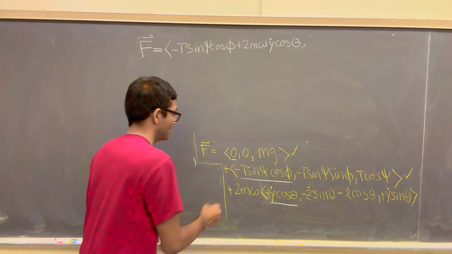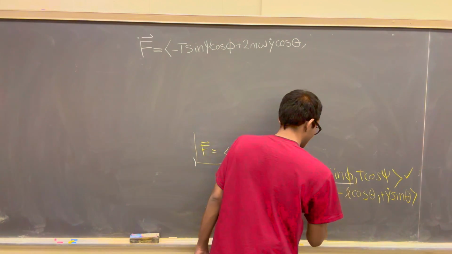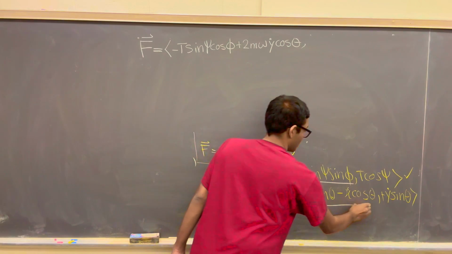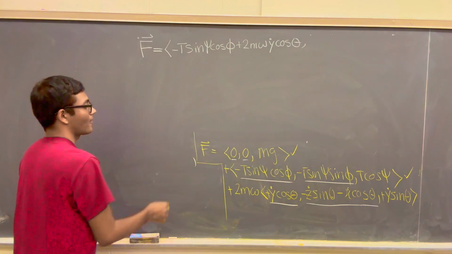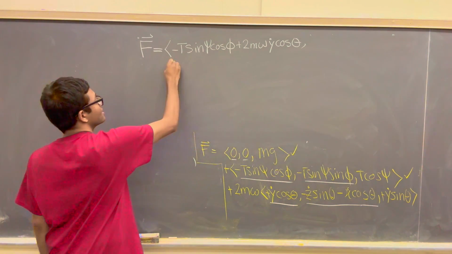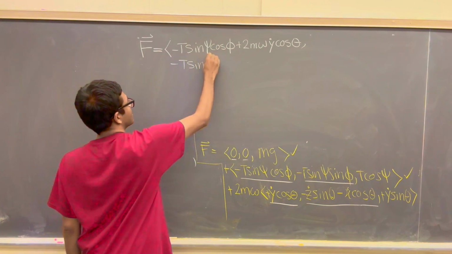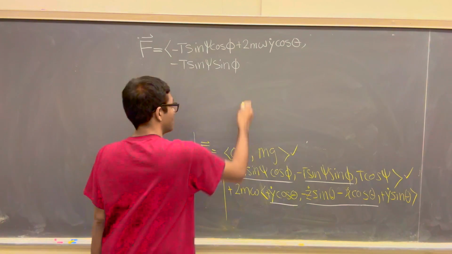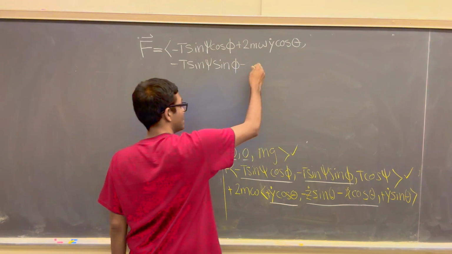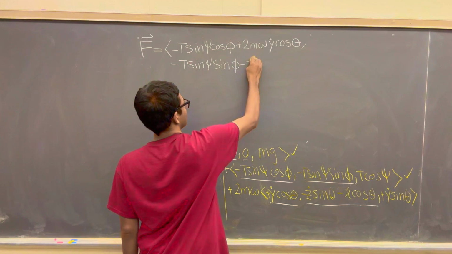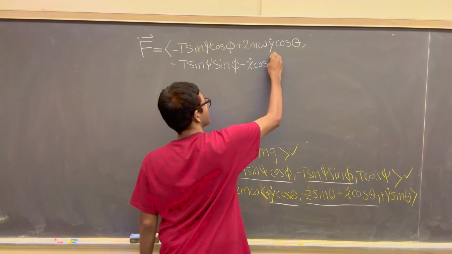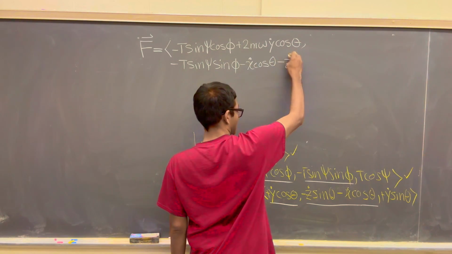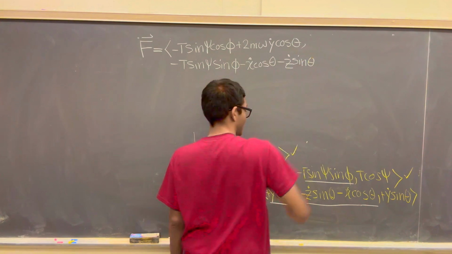Moving on to y hat component, 0 plus this plus all of this. So I've got 0 plus minus T sine psi sine phi, and minus z dot, or actually let's start with x dot since it's what I've got in my notes, minus x dot cosine theta minus z dot sine theta.